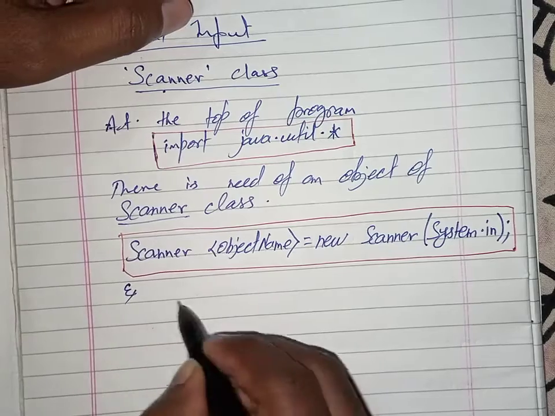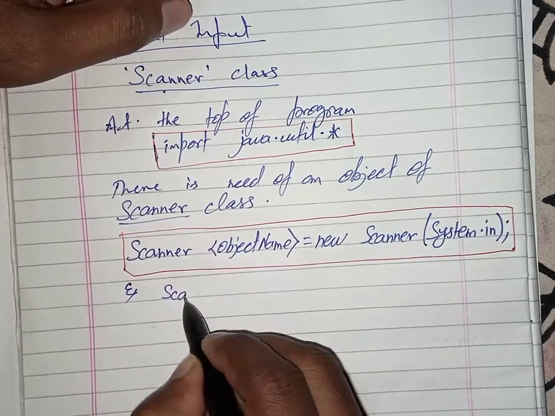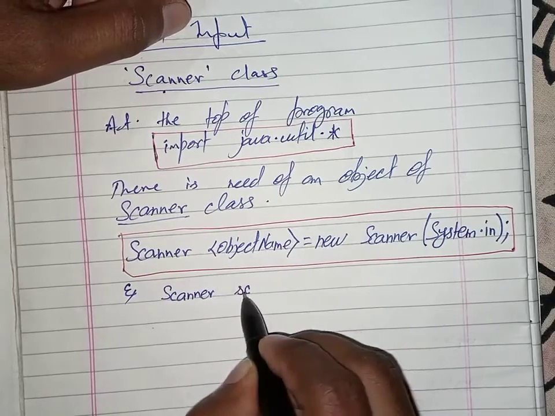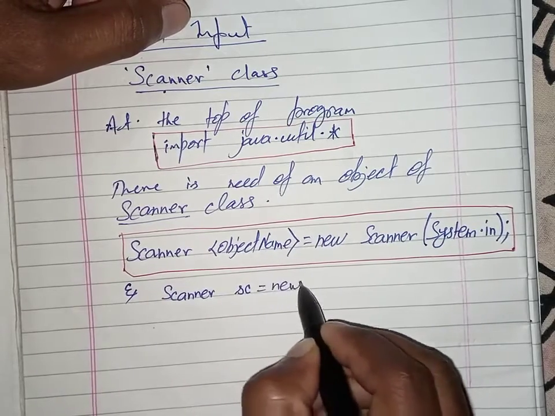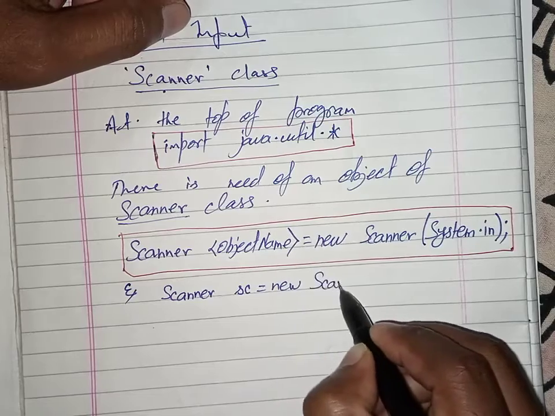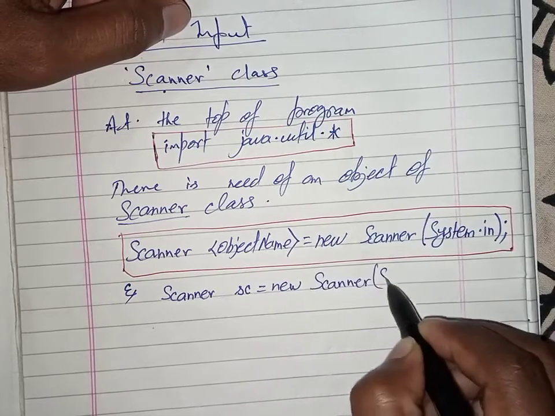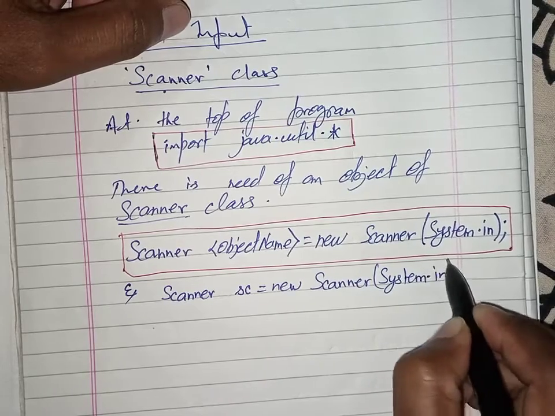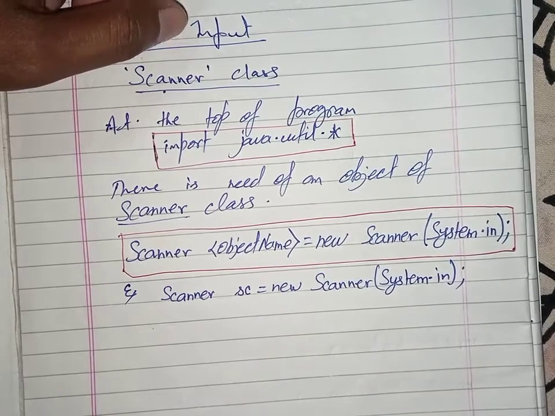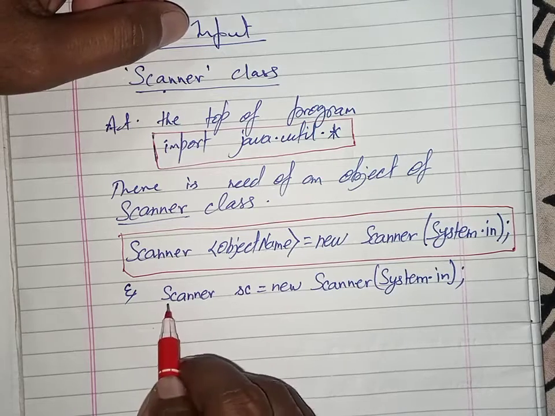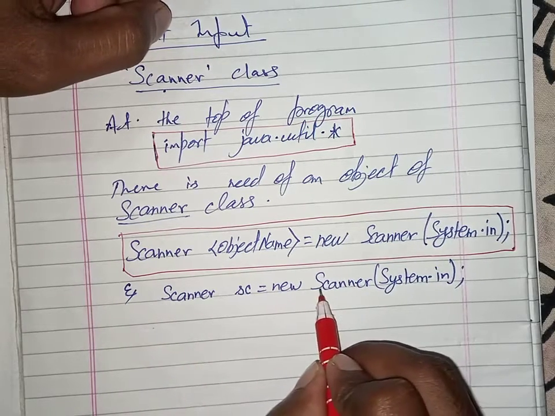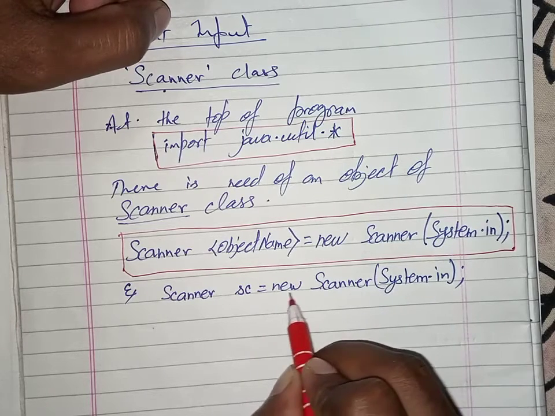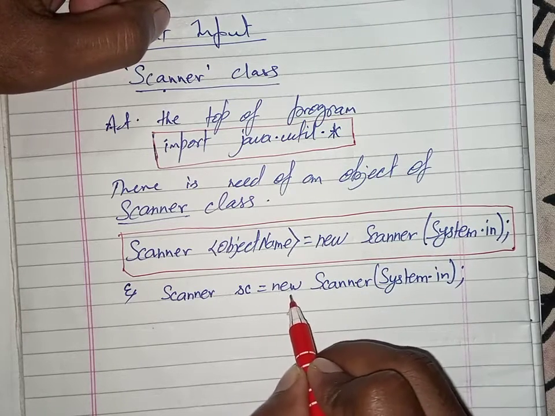I am taking object name sc: Scanner sc = new Scanner(System.in). Here mind one thing, S should be capital, here also S should be capital, but new should be in a small letter.